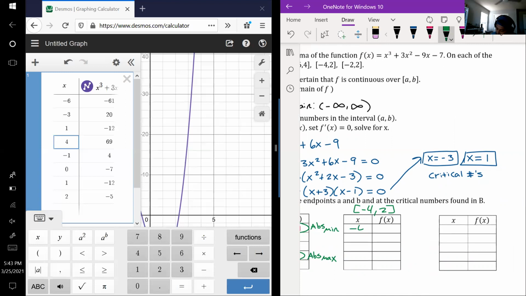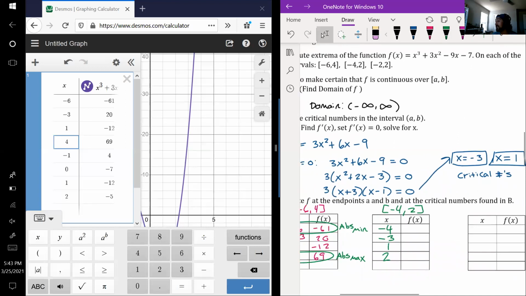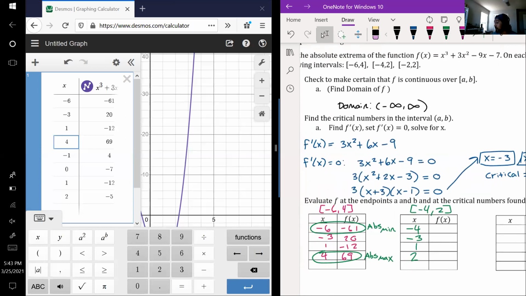So again, we'll have -4, -3, 1, and 2. And we are still plugging these into the original function, which means we already know the value for -3 and 1. -3 gives me 20, and 1 gives me -12. We just have to find the value of -4 and 2.